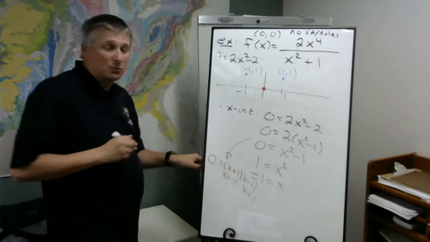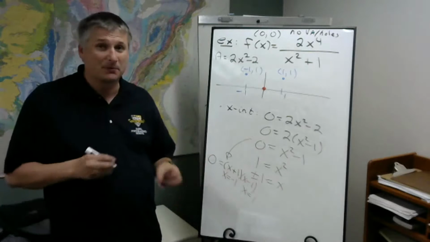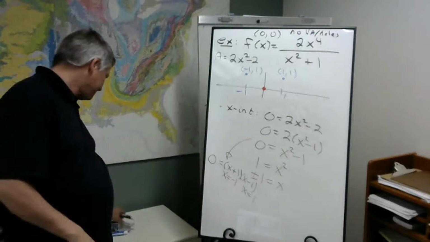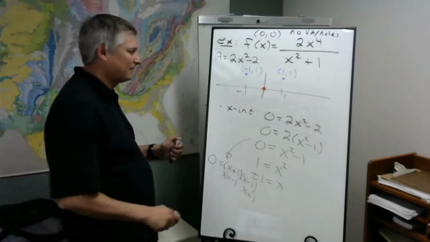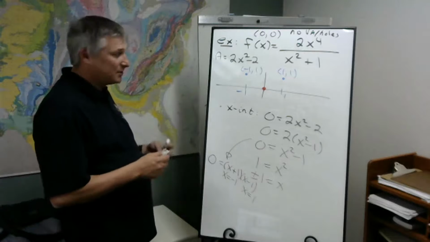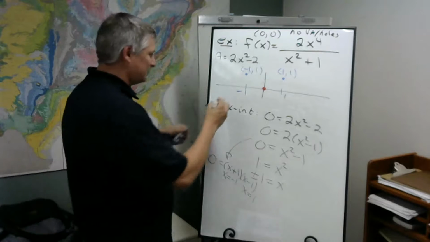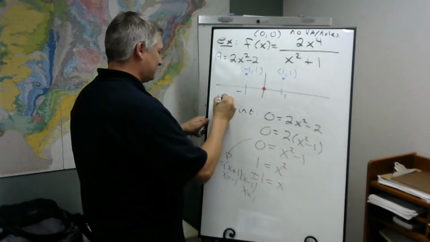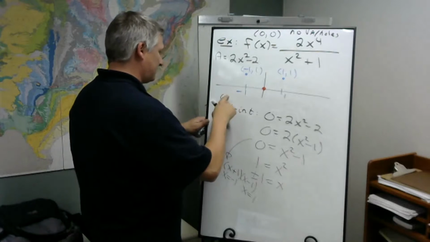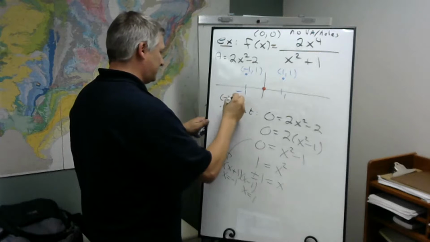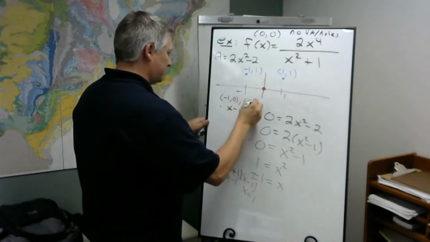That will be 0 when x is 1. So you're going to get the same result. So all right, that gives us some x-intercepts. I'm just going to record those here. We have -1, 0 and 1, 0.